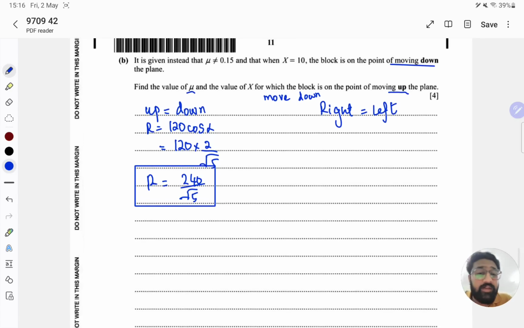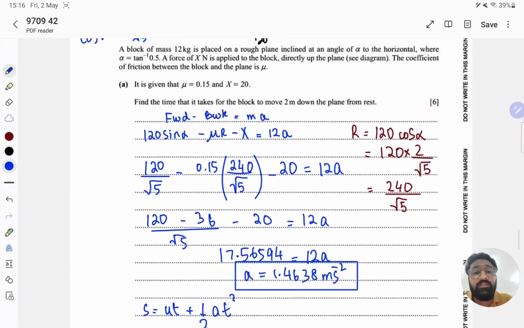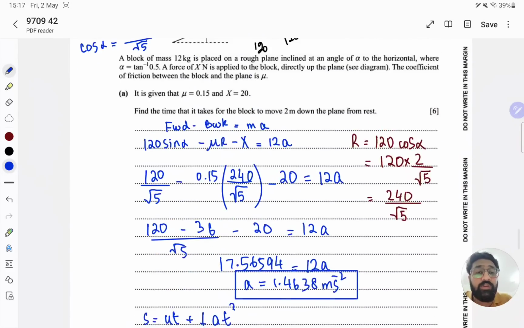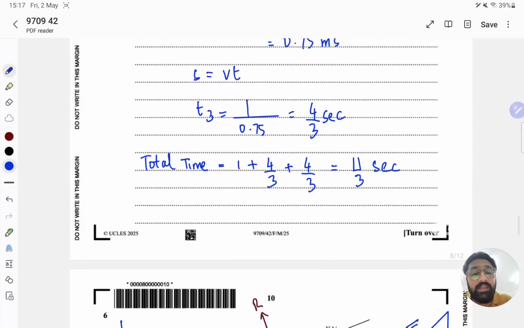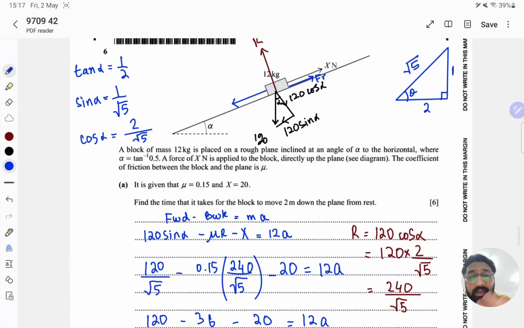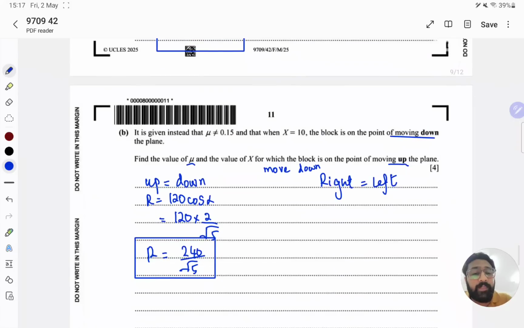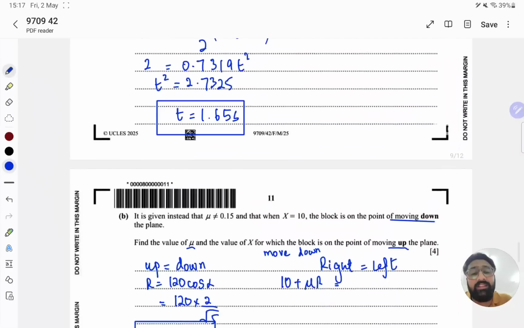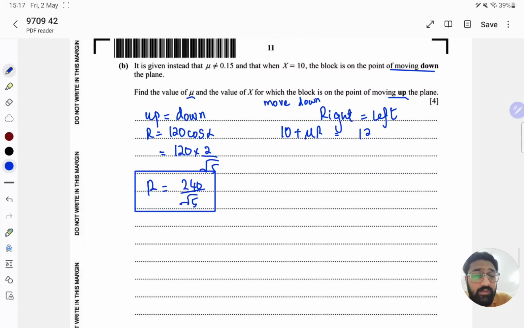So right is equal to left, so about to move down. Move down means that the right force and the frictional force, both of them are going to be in the same direction. So x, which is 10, plus mu r, and the left force will be 120 sine alpha, the same. 120 sine alpha is 1 by square root of 5.